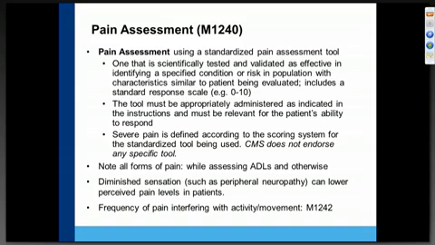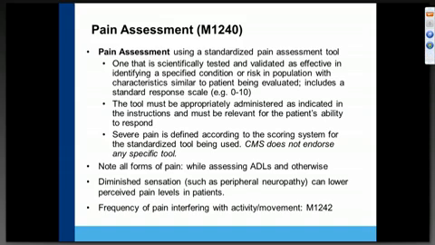We need to identify severe pain. And of course, CMS doesn't endorse any specific tool or tell you what severe pain is. You would have to use a scoring system for that standardized tool. And it's important to do a thorough pain assessment, not just the pain rating per se, but what is the quality and characteristics of the pain, when does it occur, and recognizing that patients with either stroke or diabetes may have some neuropathy that can lower their perceived levels of pain, or they may have neuropathic pain, which is challenging sometimes to manage in these patients.